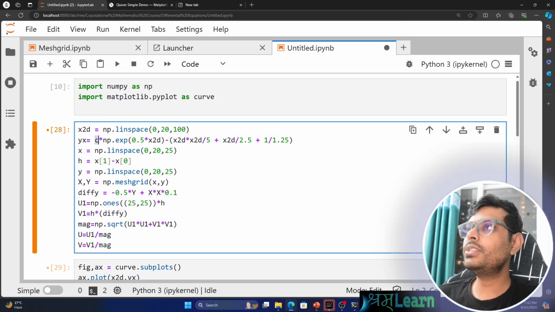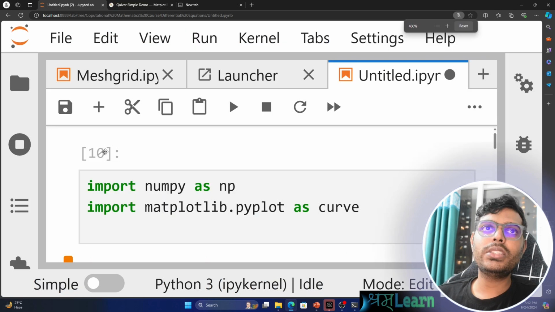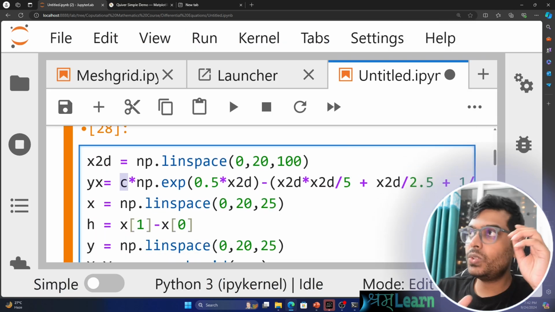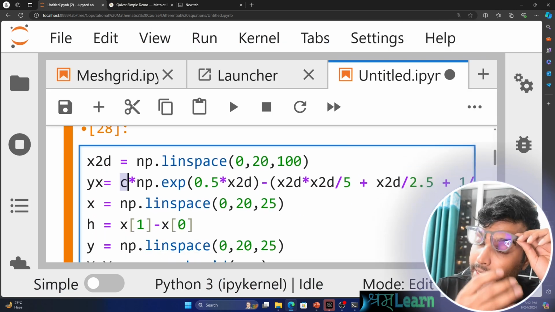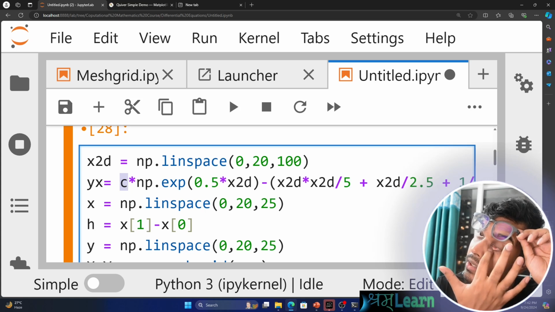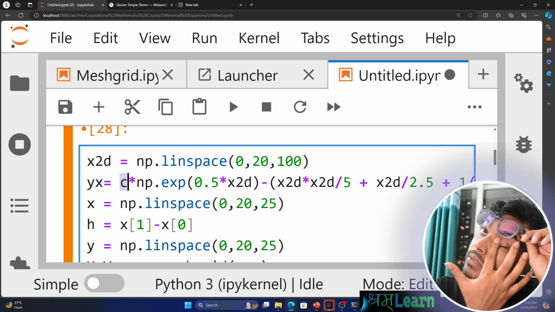But we don't know c yet, so that might cause a problem. So we have no idea about c, but we can represent c in terms of y0 and x0 initial values.